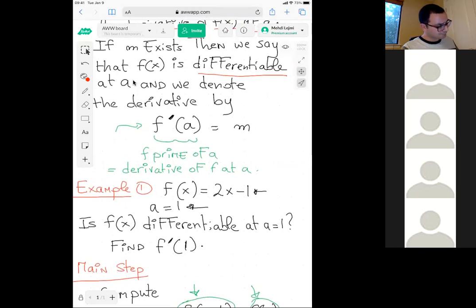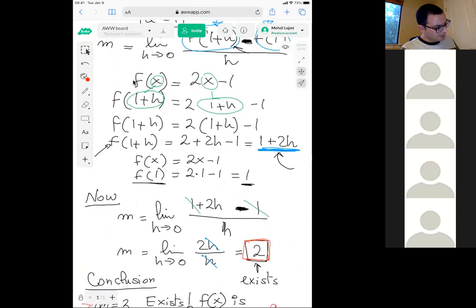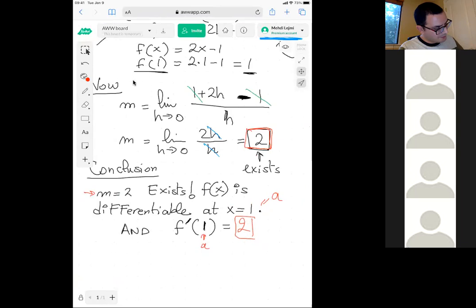Okay, so let's do another example, a simple example where this number m does not exist. So this is an example where m exists, so f is differentiable. Now let me do an example where m does not exist.